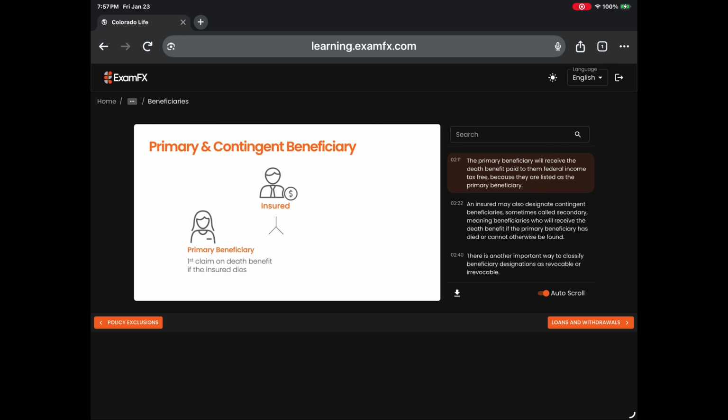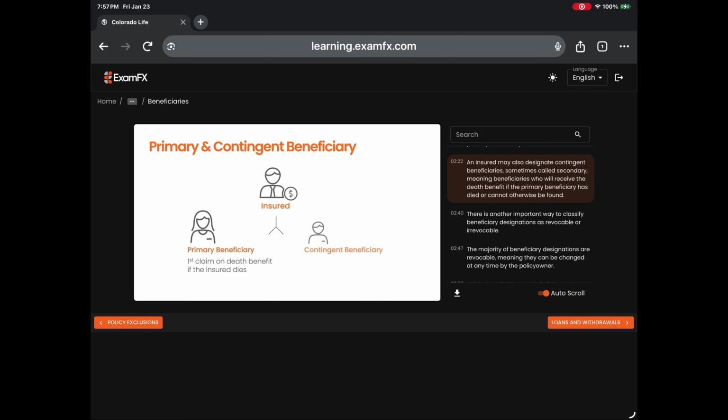The primary beneficiary will receive the death benefit paid to them federal income tax free because they are listed as the primary beneficiary. An insured may also designate contingent beneficiaries, sometimes called secondary, meaning beneficiaries who will receive the death benefit if the primary beneficiary has died or cannot otherwise be found.